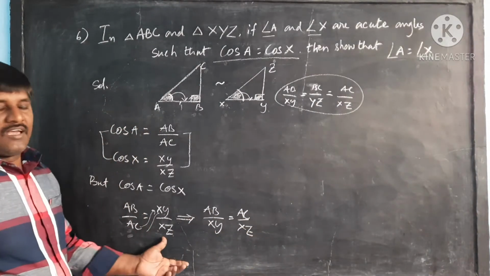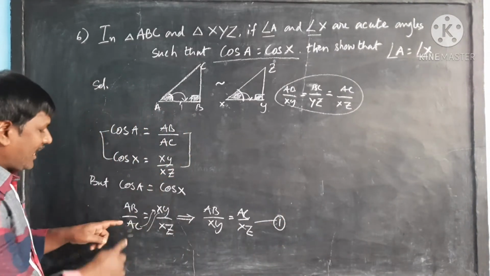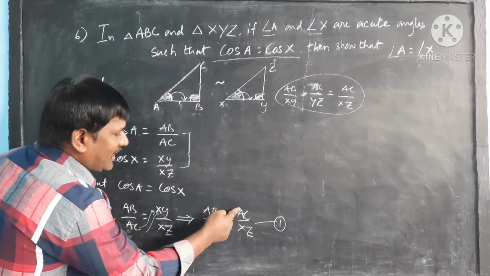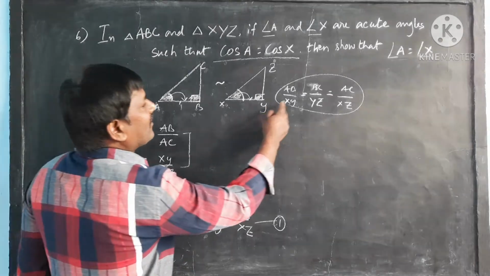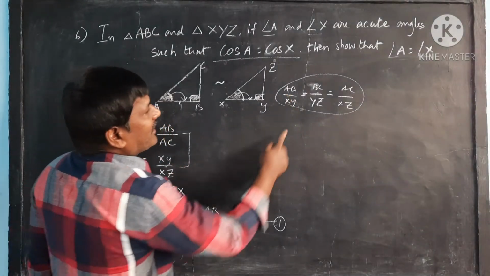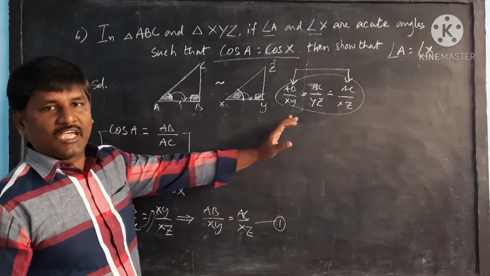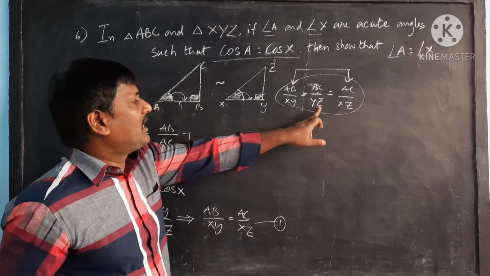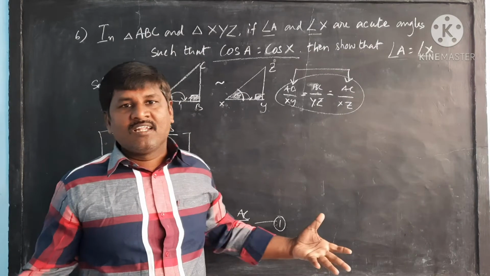Let it be equation 1, because we transposed AC to the right and XY to the left. Our target is to prove that AB by XY is equal to AC by XZ. So these two ratios are equal. Now you need to prove that BC by YZ is equal to either AB by XY or AC by XZ. Then the answer is solved.